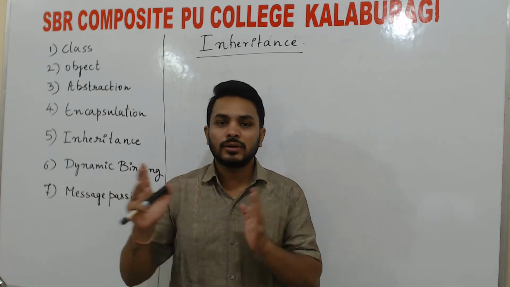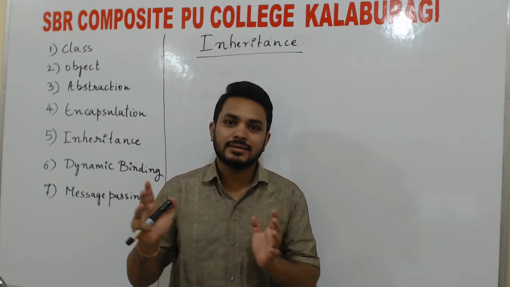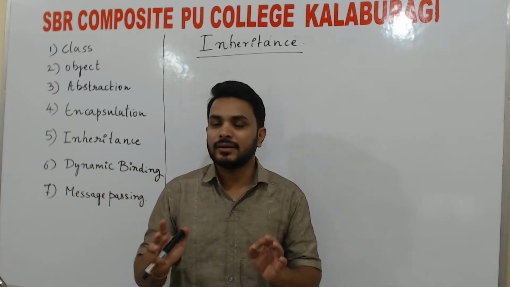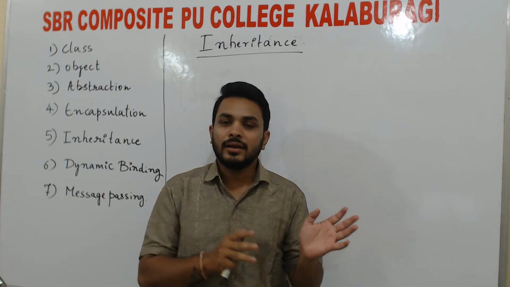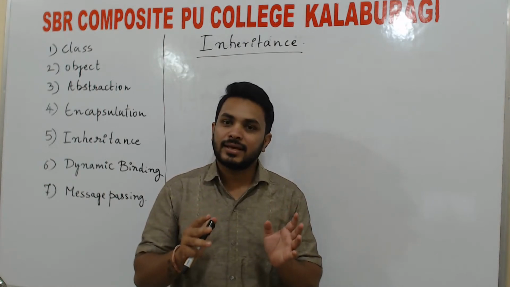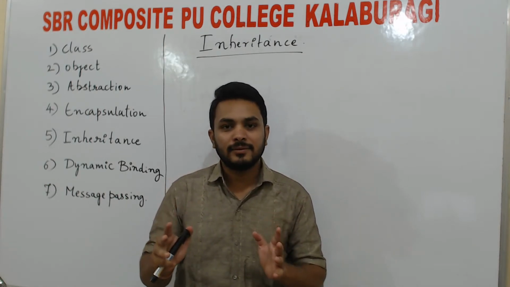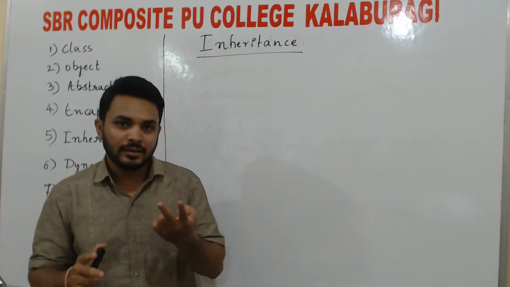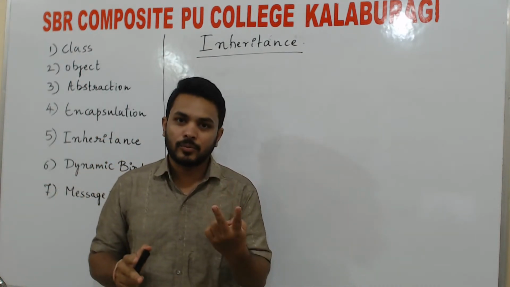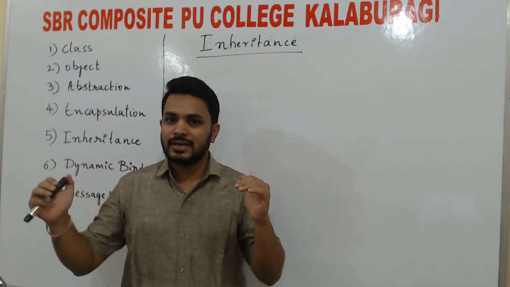One more class I am taking, that is class chair. It also has the same color as the table has. I am also writing the same char color, int legs. See, here we are repeating the same two properties in both classes.